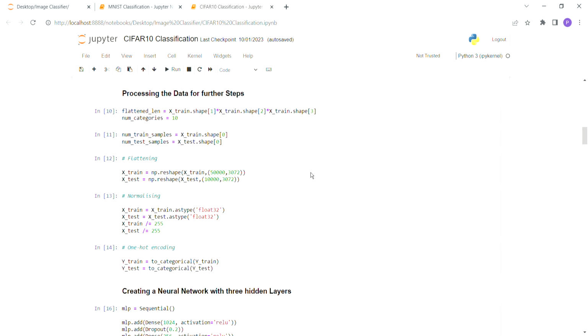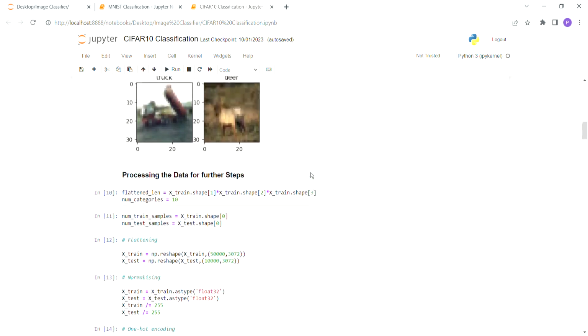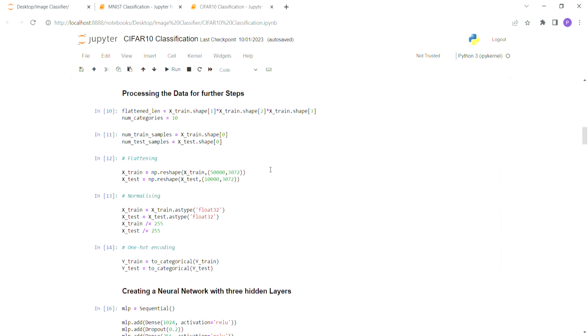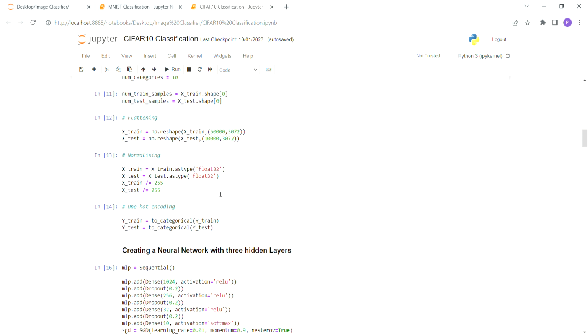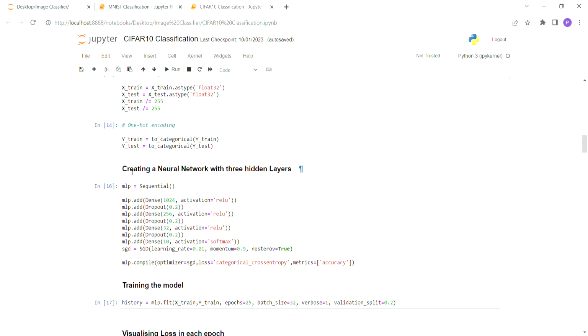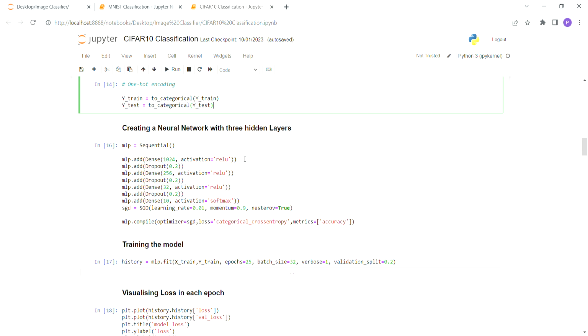So firstly we will need to process the data. That is, since we will be trying MLP, we will need to flatten these images, and this time we will normalize it initially only, unlike we did in the MNIST dataset. And after that we will be using one hot encoding for converting the labels to 10 dimensional vectors.